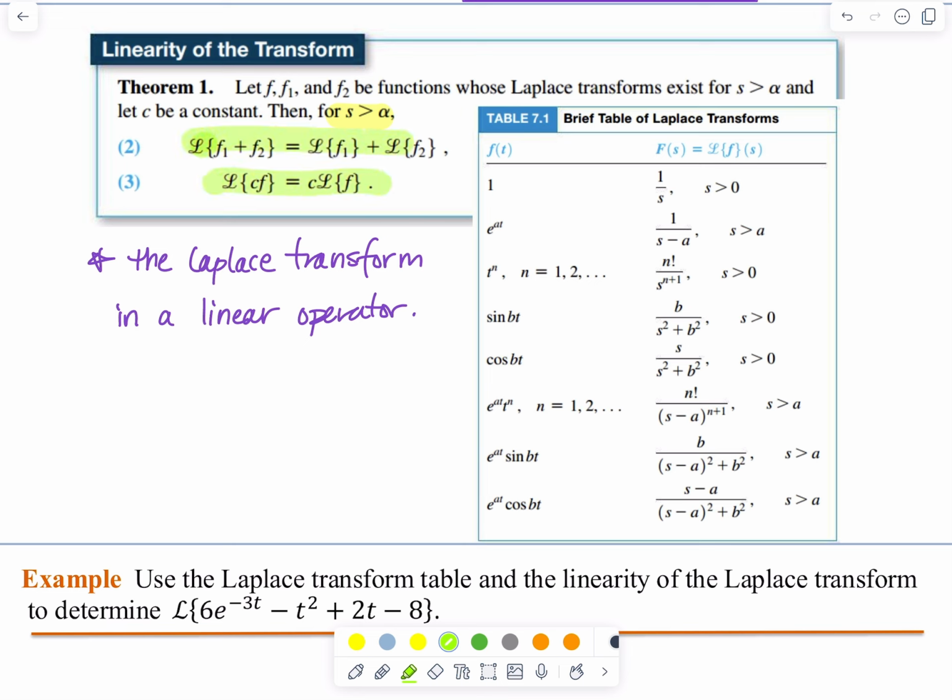Okay, and now let's take a look at this table over to the right. And some of these should look very familiar because we actually came up with some of these in the previous examples. Now, these are the Laplace transforms of some of the elementary functions.